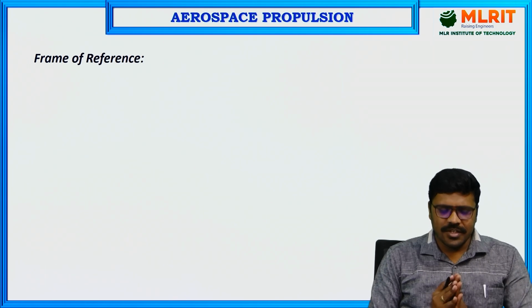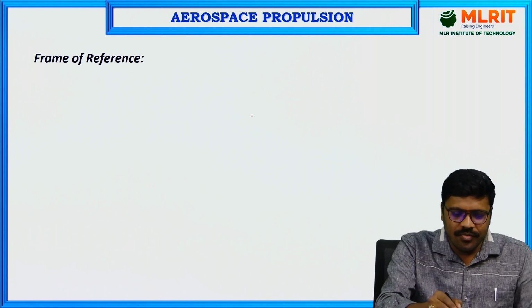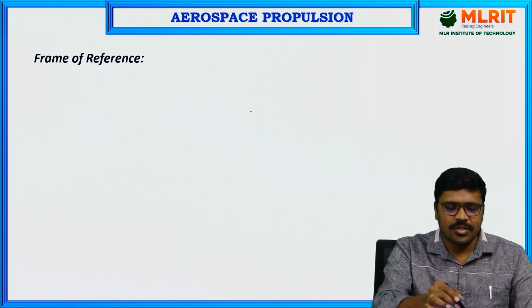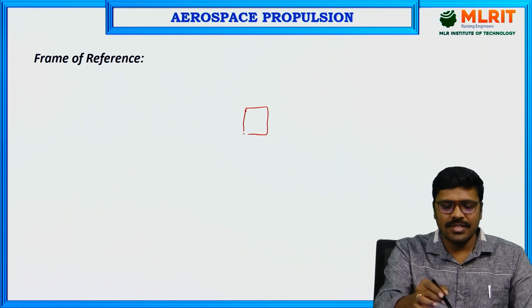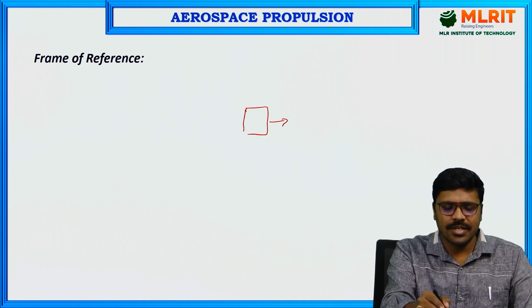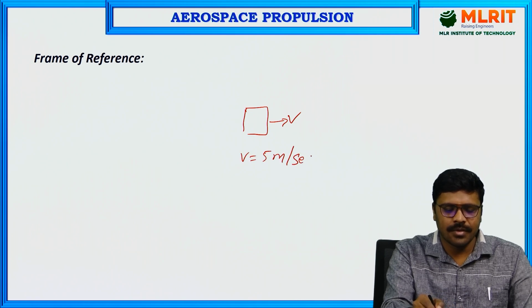So coming to the frame of reference, why is it required? Suppose I take an object, and I say the object is moving with some velocity v, and that v is equal to 5 meters per second.